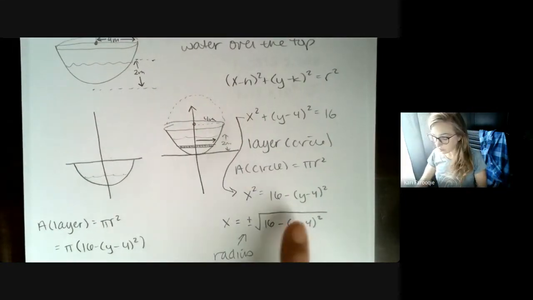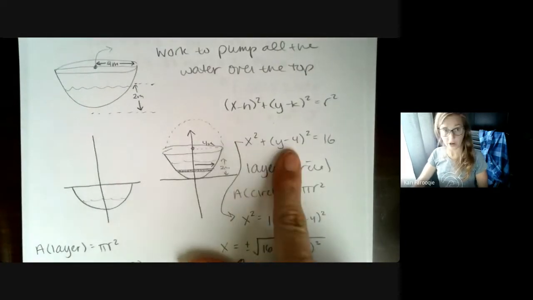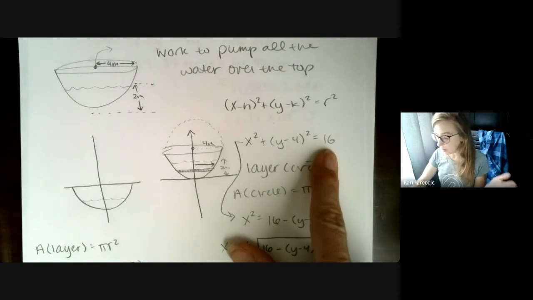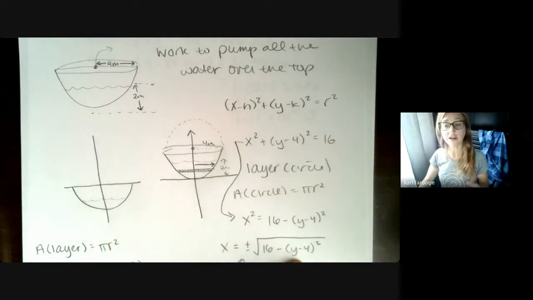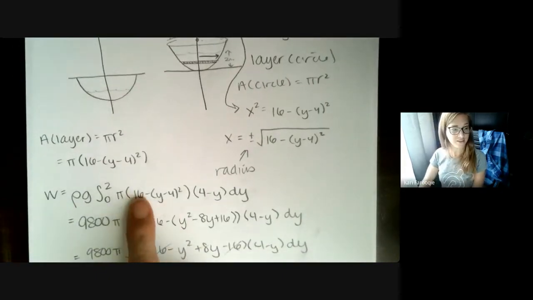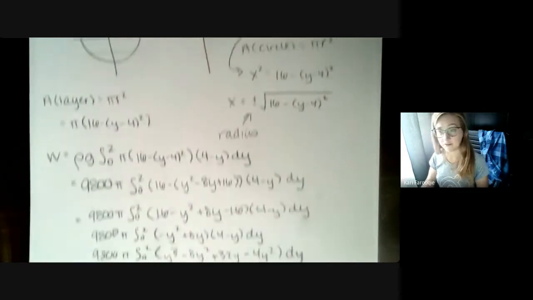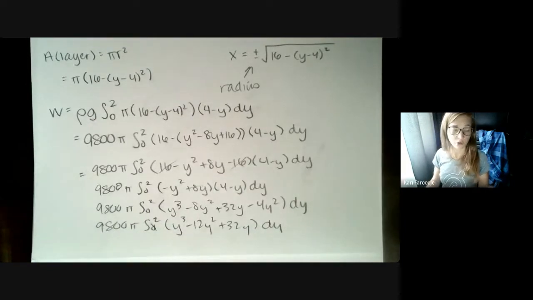The only thing that's going to change here is when you write the equation of the circle, it would just be x squared plus y squared equals 16. So the function would change. And maybe now that we've actually done the work for it, you'd be like, if the function changes so that I just have 16 minus y squared, instead of 16 minus y minus 4 squared, we could have saved a lot of algebra. And I guess that's true.